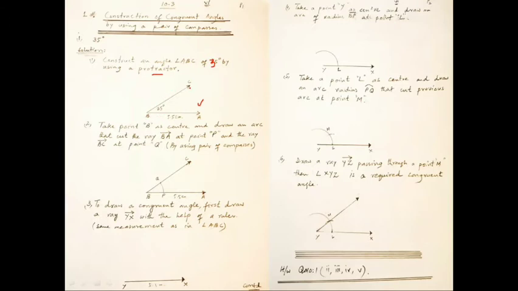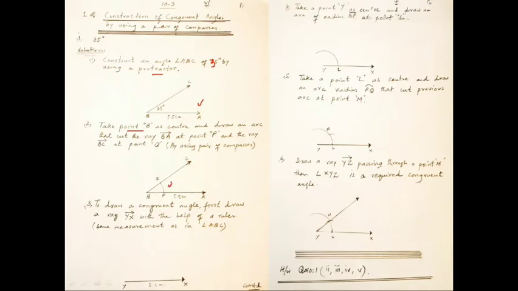Now in this angle we will take the point B as a center, and with center B with suitable radius with the help of compass, we will draw an arc PQ.